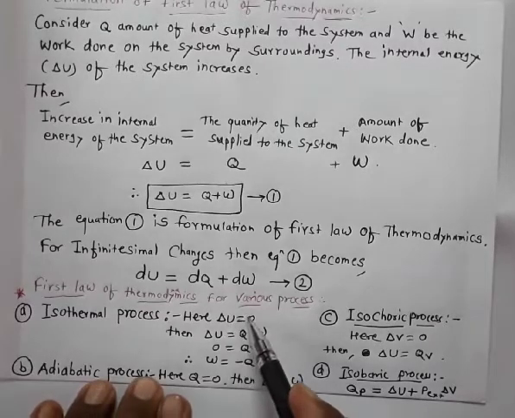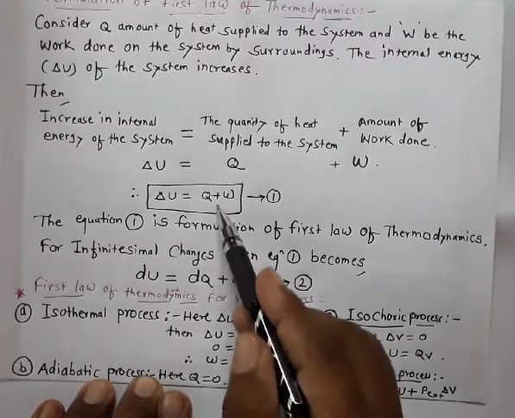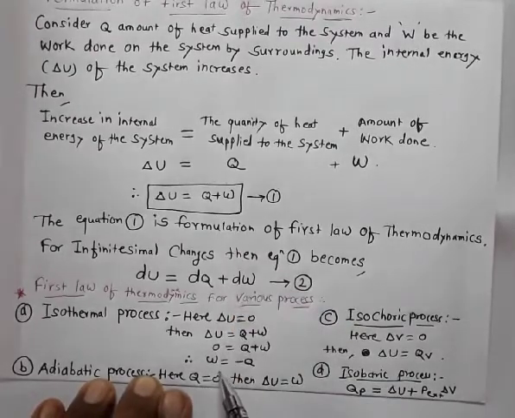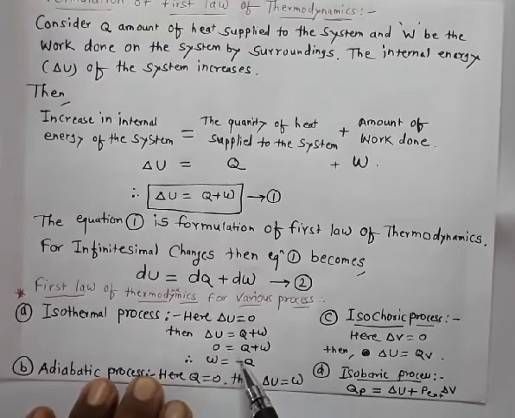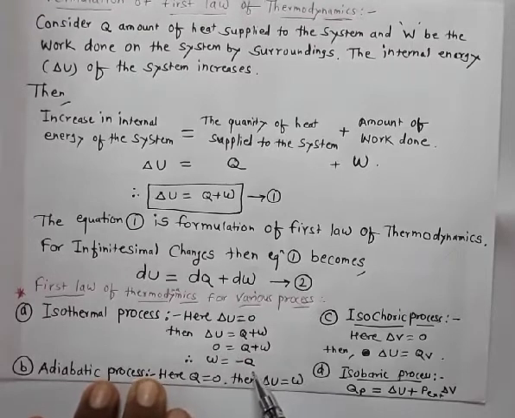Put this 0 value in the equation and we get W is equal to minus q. That means when work is done in the process, the amount of heat is released to the surroundings.